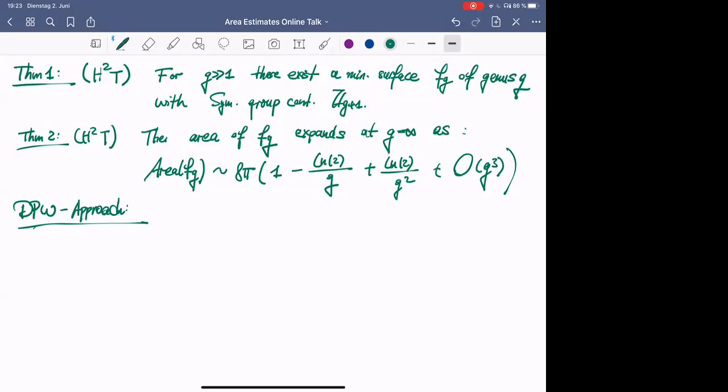It's due to Dorfmeister, Pedit, and Wu, but the approach I'm showing, the gauge theoretic approach to it, is due to Hitchin. So it's not that the name DPW is from Hitchin, but just the approach I'm using. And you should think about it as the generalized Weierstrass representation.